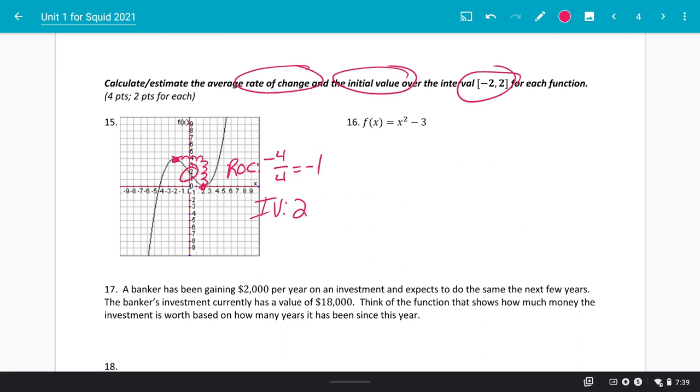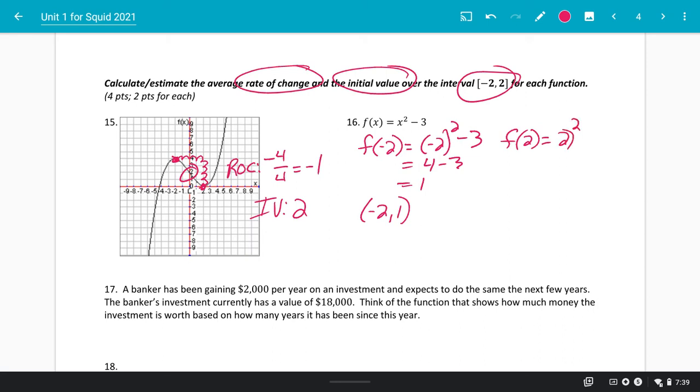So here I got to find f of -2 is (-2) squared minus 3, which is 4 minus 3, which is 1. It's (-2, 1). I got to find f of 2, which is 2 squared minus 3, which is 4 minus 3, which is 1.